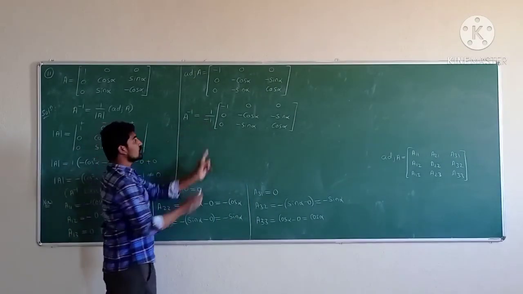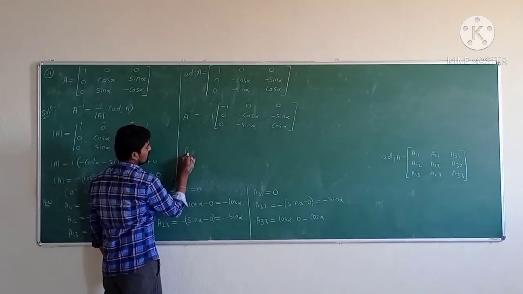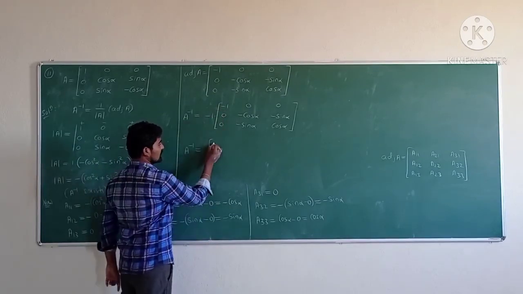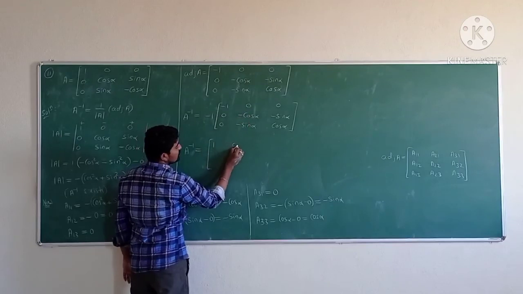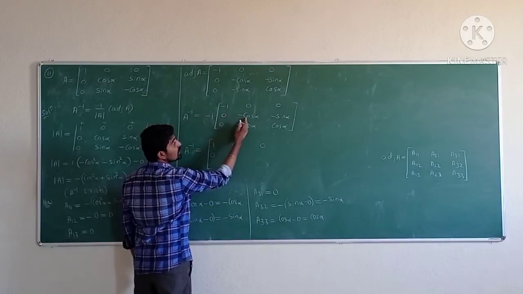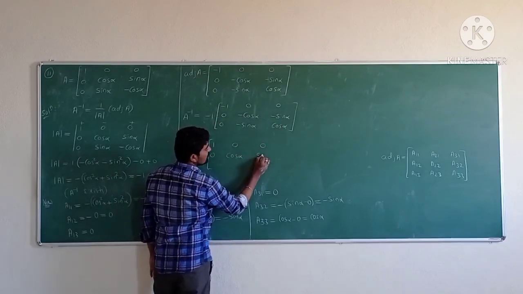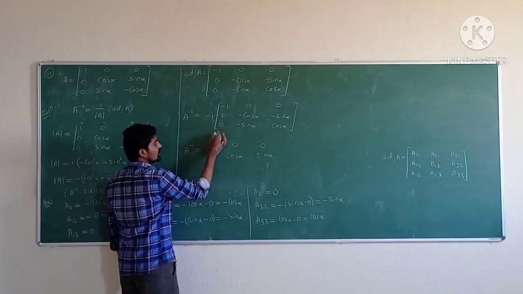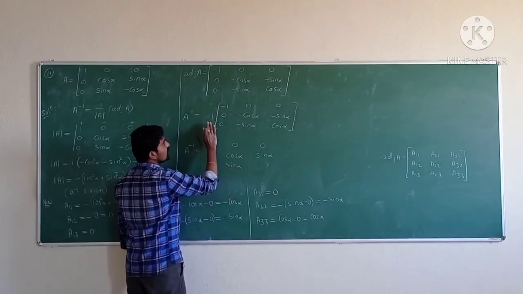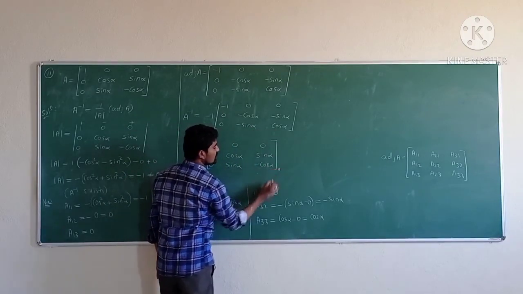Hence A inverse is equal to minus 1 into minus 1 is 1, minus 1 into 0, 0, minus 1 into 0, 0, minus 1 into minus cos alpha, minus 1 into minus sin alpha, minus 1 into 0, 0, minus 1 into minus sin alpha, minus 1 into cos alpha, minus cos alpha, and this is the required A inverse.